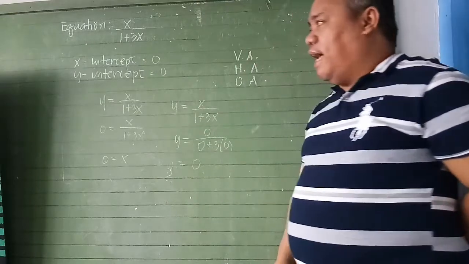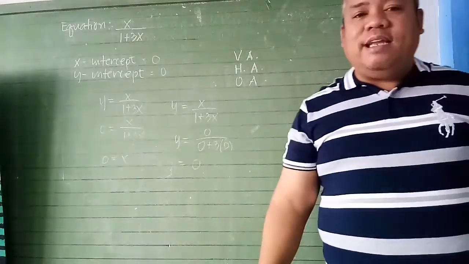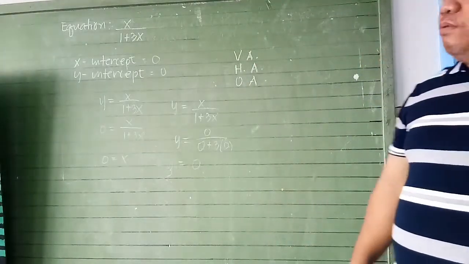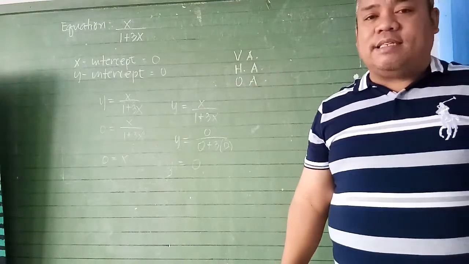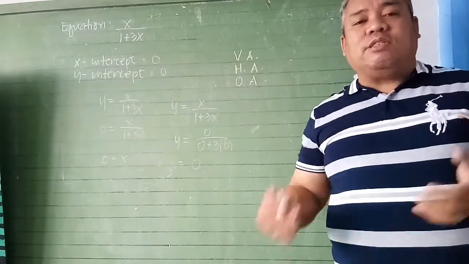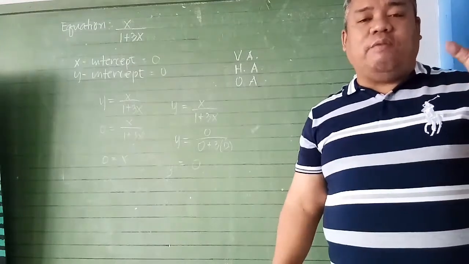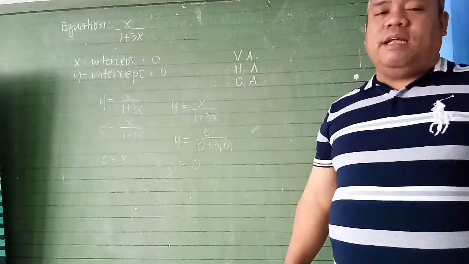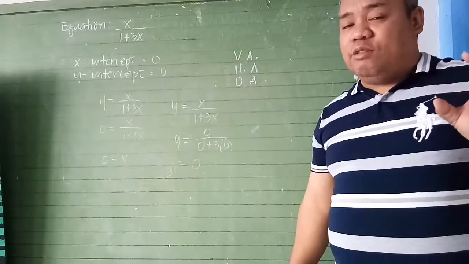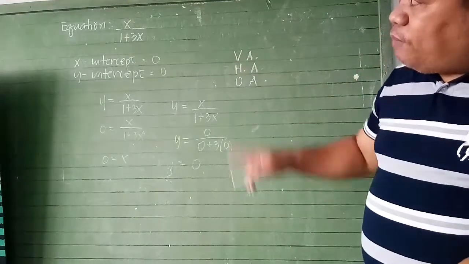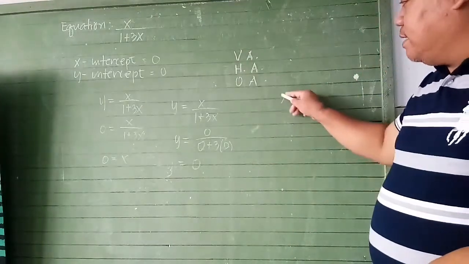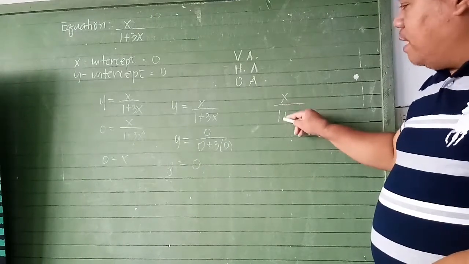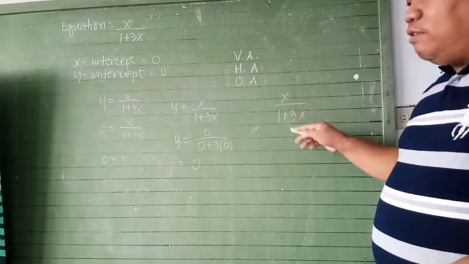And what about vertical asymptotes? Now, to find the vertical asymptotes is to solve for the value of x. When solving for the vertical asymptotes, you always look at the denominator. So equate the denominator to 0. What is the denominator? Not the denominator, equate the numerator to 0. So the numerator of our equation here is x. Right? x over 1 plus 3x. So the numerator is x.